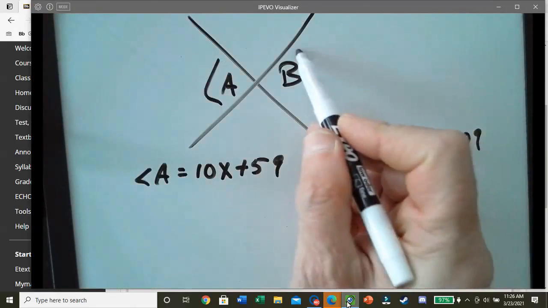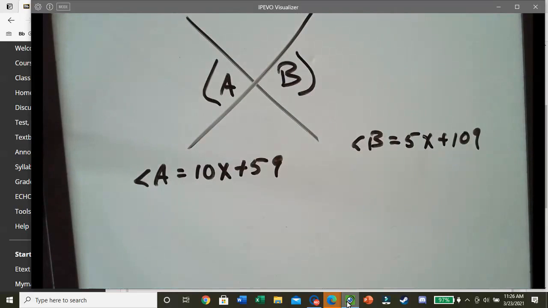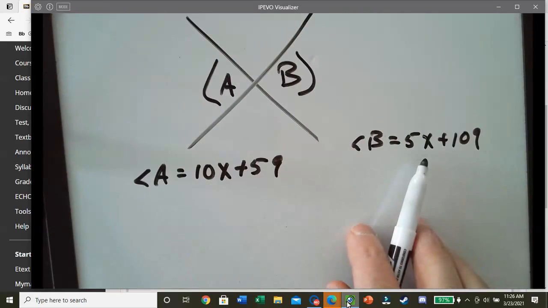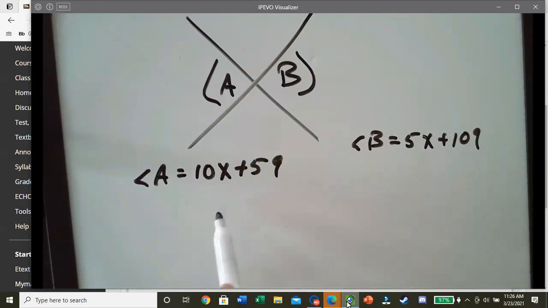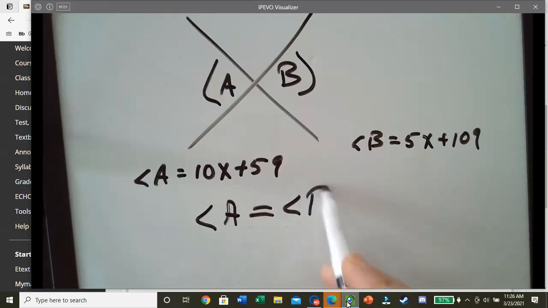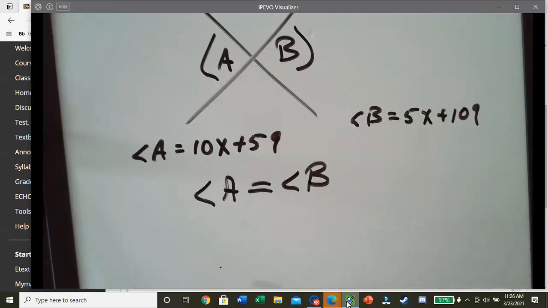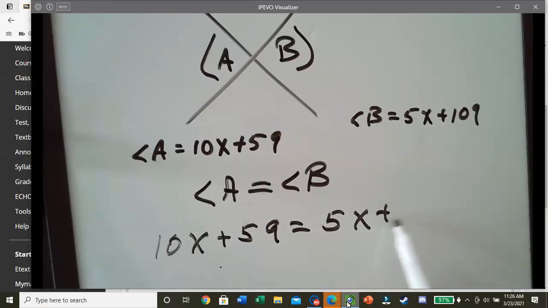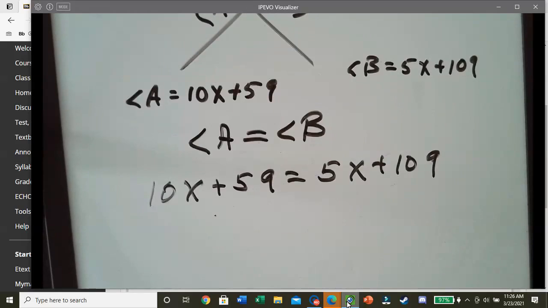And since these two angles are congruent, right, or equal, what do we do with these two equations? Yeah, we set them equal to each other, right? Angle A equals angle B. So that would be 10x plus 59 equals 5x plus 109. Okay, now what do we do?